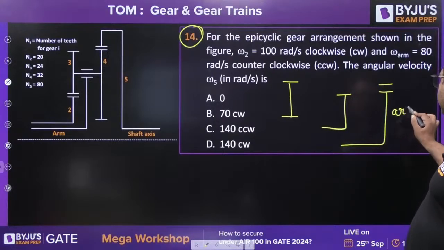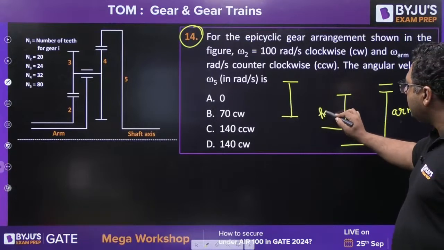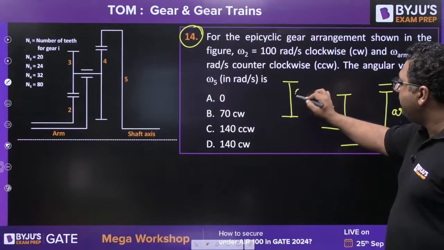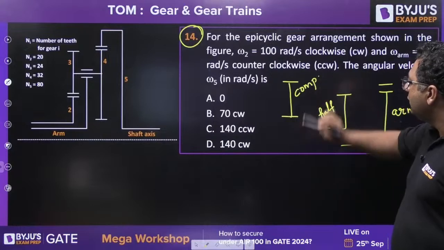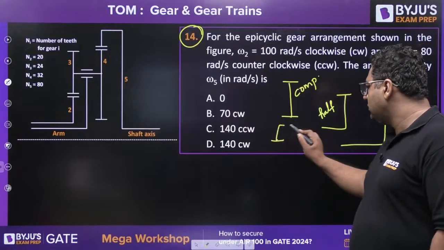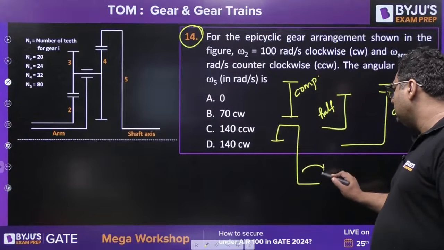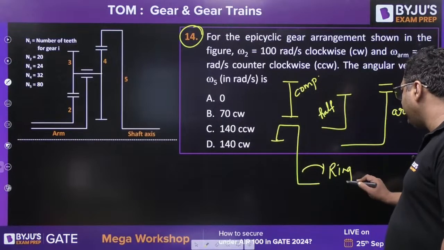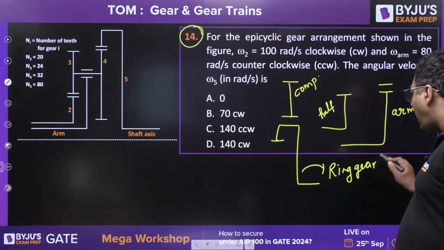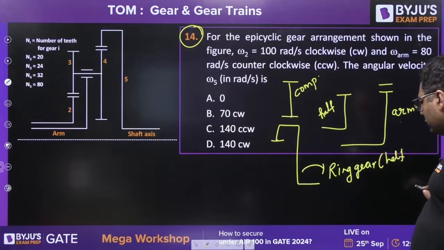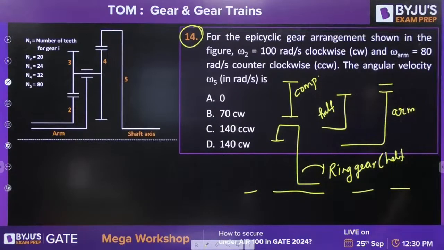This is arm, half gear, complete gear, and this shows ring gear, half. Why? Because this is the axis of rotation of that.